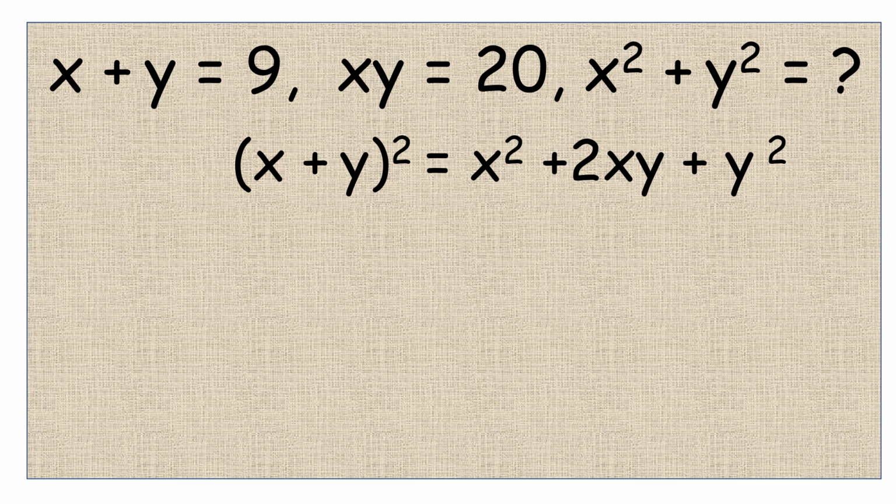Let me come again. If you look at the left-hand side, you have your x plus y, everything squared. And if you are going to expand it, that is by opening the bracket, giving us what we have on the right-hand side, it is simply x raised to power 2 plus 2 times xy plus y squared.